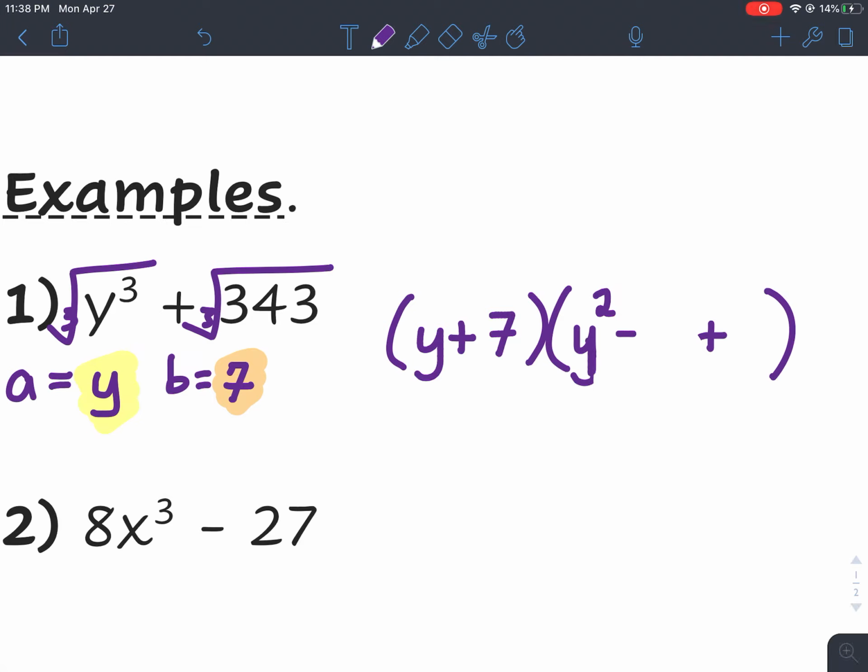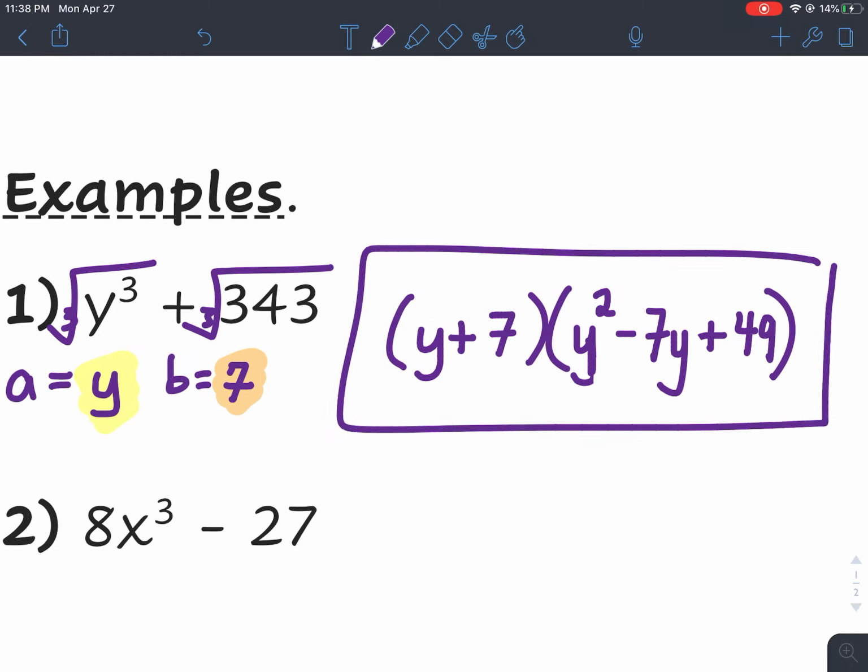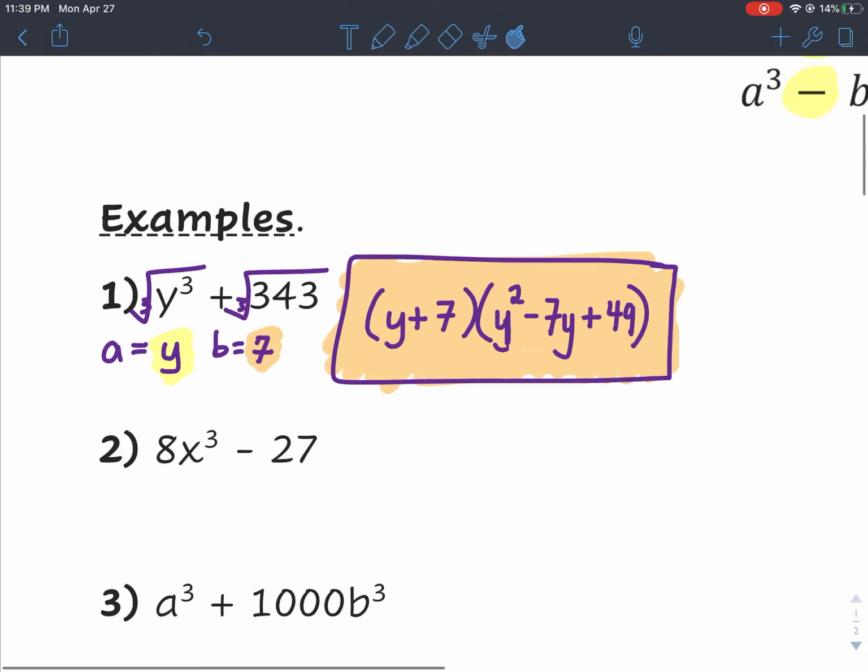A is y, B is 7, so y times 7 would be 7y. And then my last one is B squared. Well, B is 7, so 7 squared is 49. And that's it. In the sum and difference of cubes problems that we will do, you don't have to worry about factoring this trinomial more. It's very rare that you'd ever have to factor that trinomial again.